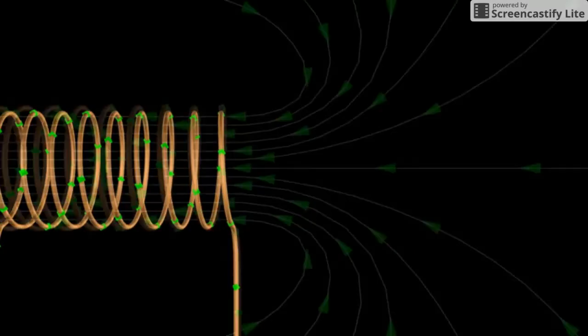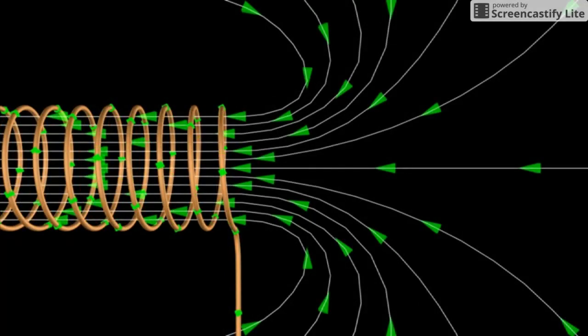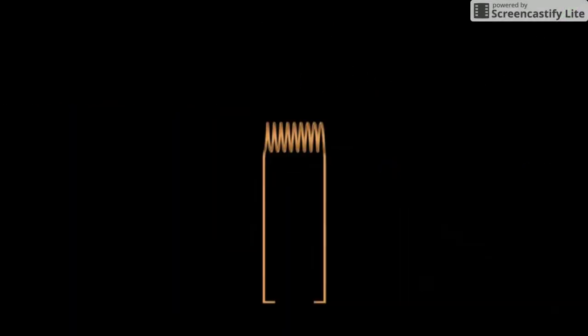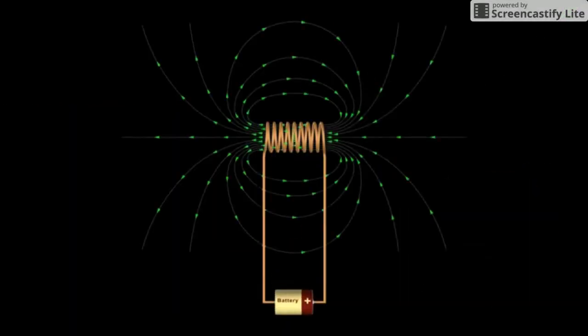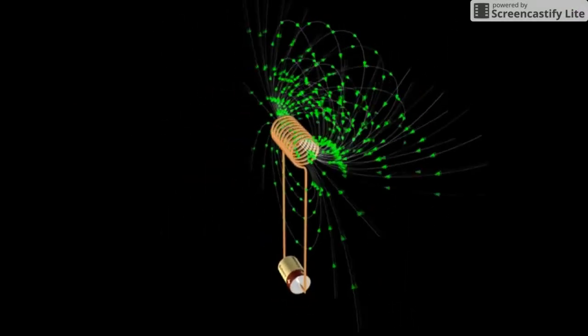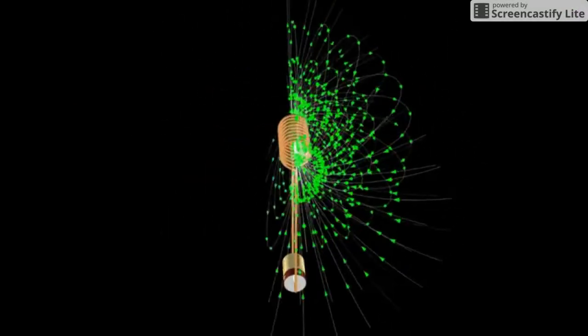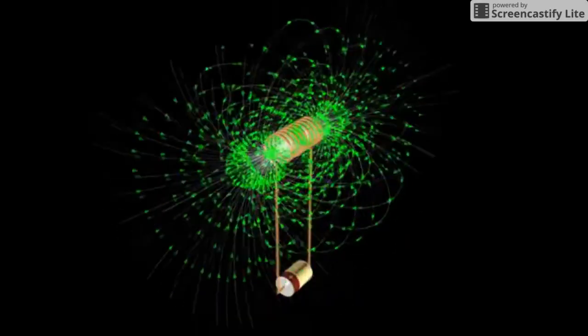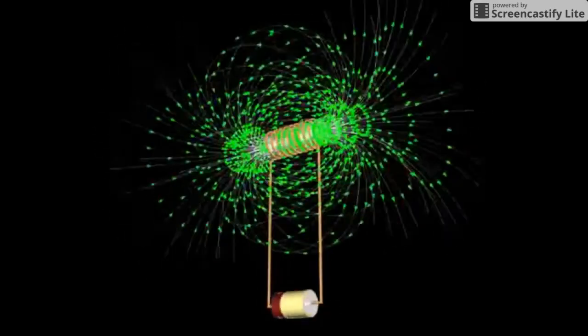By simply adding more loops to the coil, we can generate a more concentrated magnetic field inside the coil without having to adjust the current. This is what is known as an electromagnet. The field can also be increased by adding more current or decreasing the radius of the loop. Likewise, the field can be decreased by lowering the current and increasing the radius.